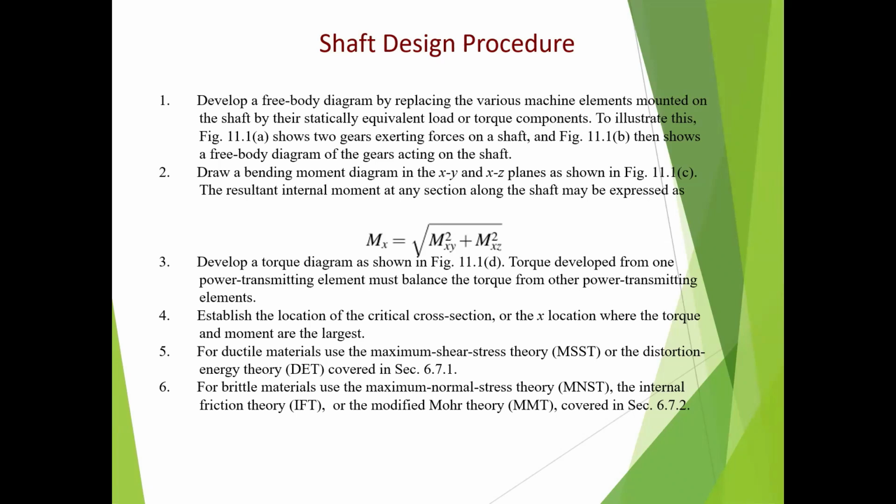So if we have multiple moments and we know their directions, because they are vectors, we can get a resultant moment using this equation, if these two moment components are orthogonal to each other. Because x, y, z are orthogonal axes. So this is our resultant.